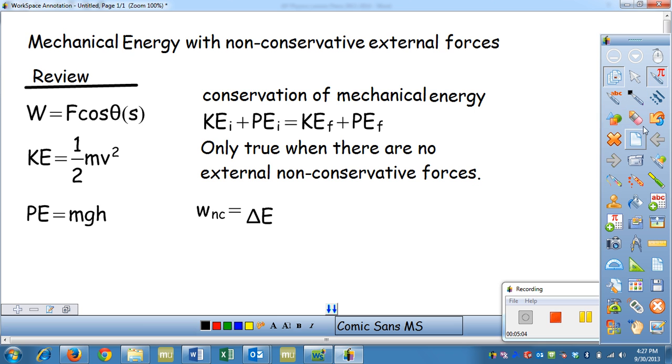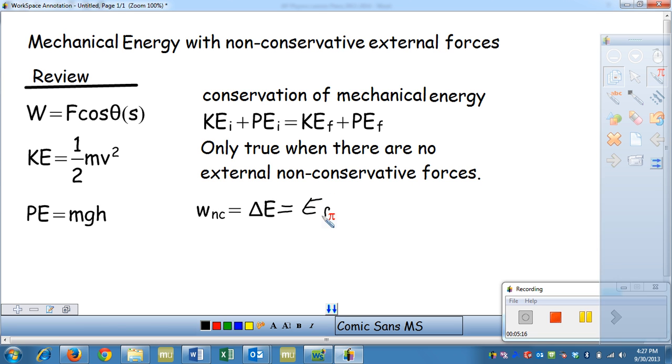Okay, so what that means is that it is the final mechanical energy minus the initial mechanical energy, right? So that's equal to the mechanical energy final minus the mechanical energy initial.